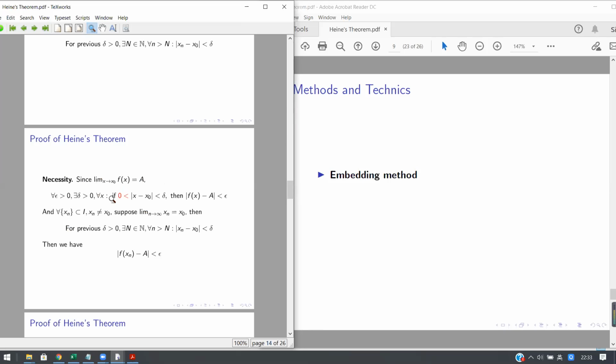So next time when you see a composition of functions or something similar, okay? And there's a condition of a limit for the outside function and a condition of a limit for the inside function, what would you do?